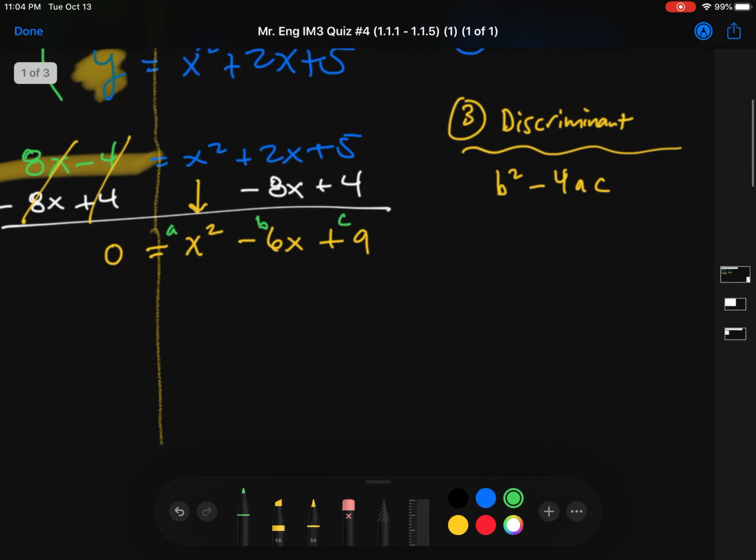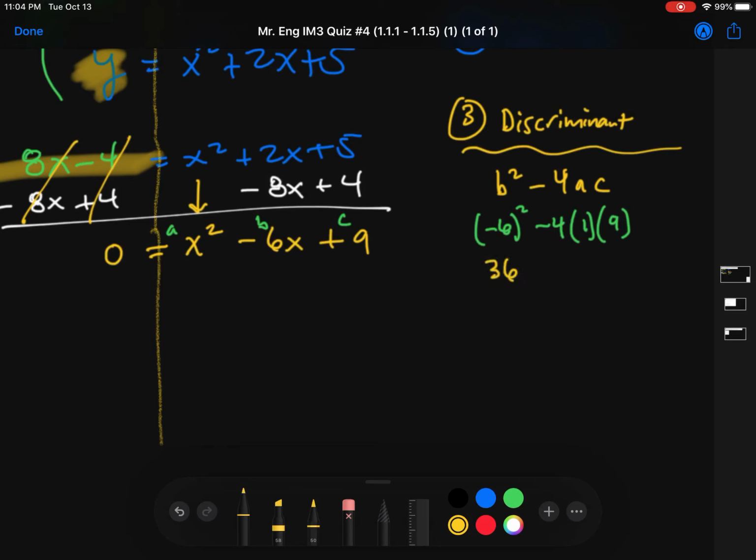So I'm going to put that in here. Negative 6 squared. Remember, your substitution is always put into parentheses. Your a value is 1, and my c value is 9. Let's go ahead and simplify that. Negative 6 squared is negative 6 times negative 6, which is positive 36.